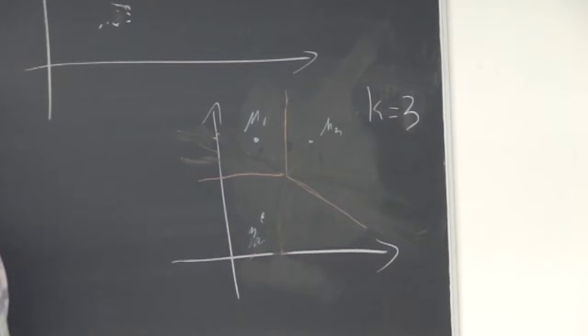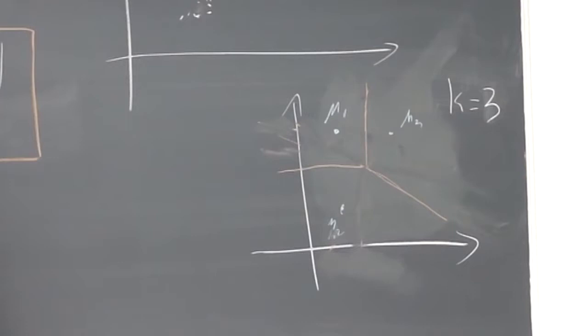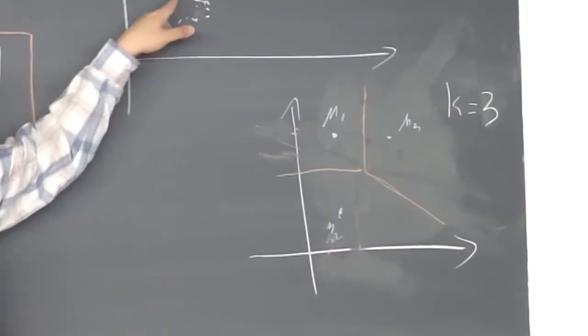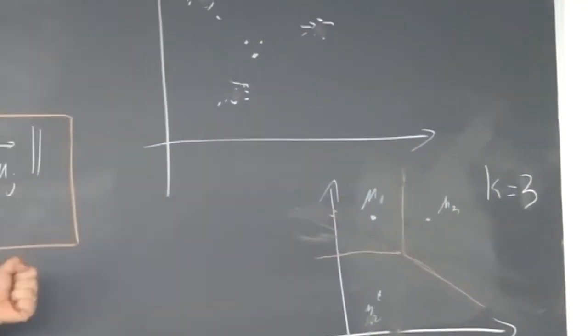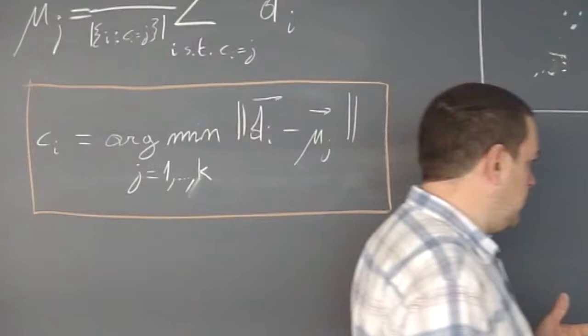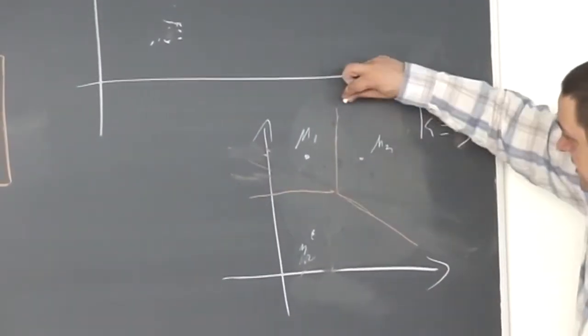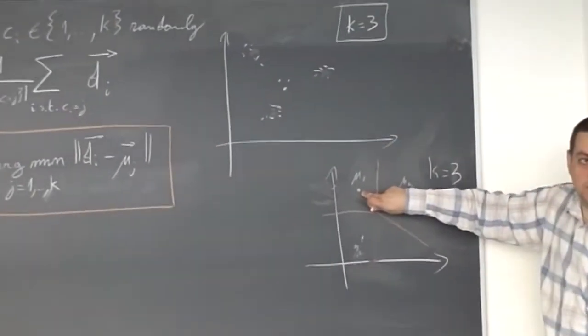So once we place the representatives like this, so once we have the position of the three representatives, then the data points, the original items, are attributed to every cluster depending on their position on this diagram. All points that fall in this domain are assigned to mu1 and so on.